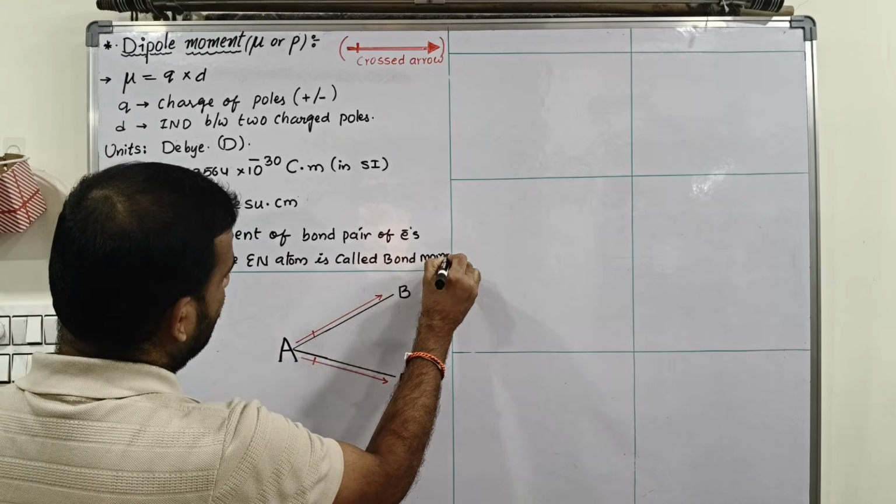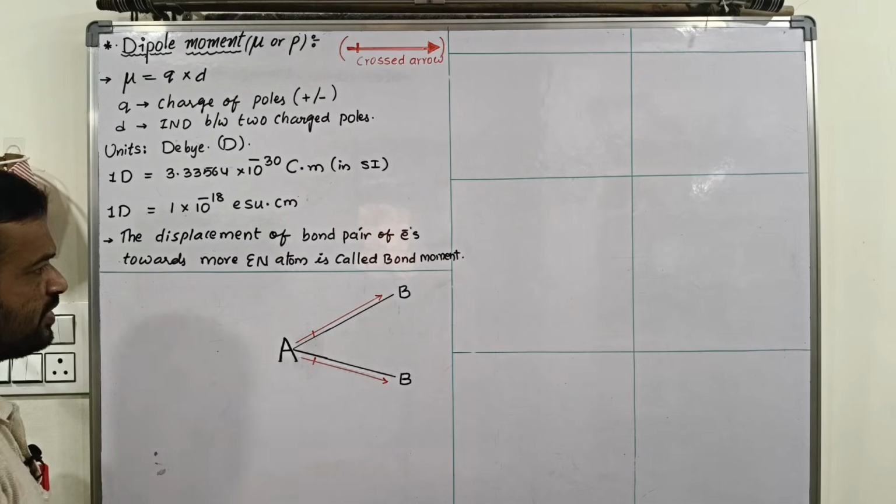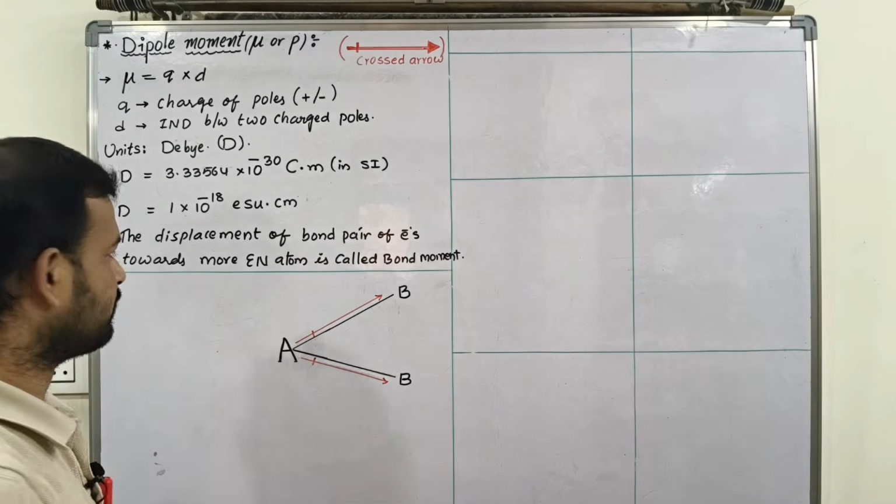So here bond moment is represented by this crossed arrow.